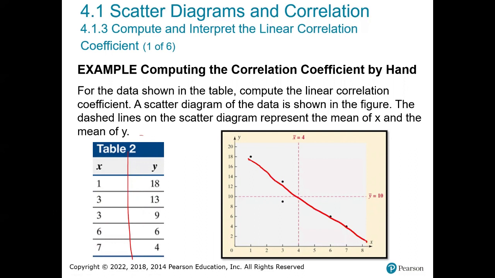There we go. Almost looks like those 4 could all fit on a line, and maybe this one guy here would be off. Looks like it.